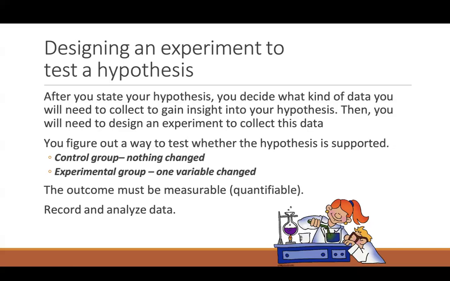And the control group would be one that's not receiving the independent variable. And in this case, that variable, what are you testing? Light. So that control group would not receive light. Maybe you put it in a drawer or in a dark room. That's going to be your control group.